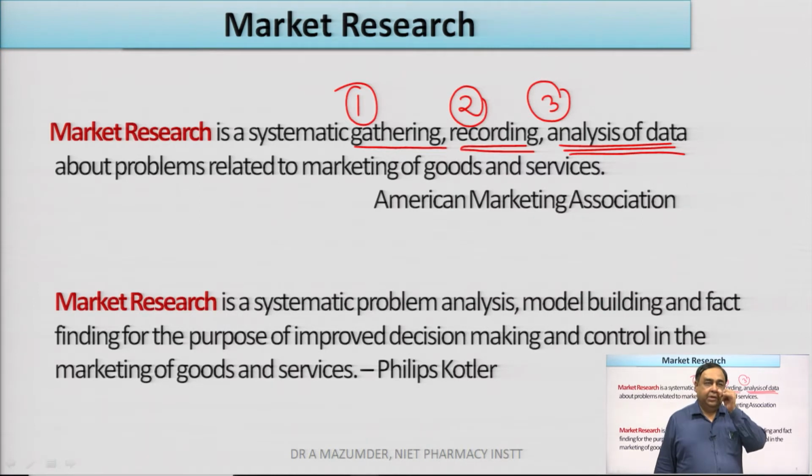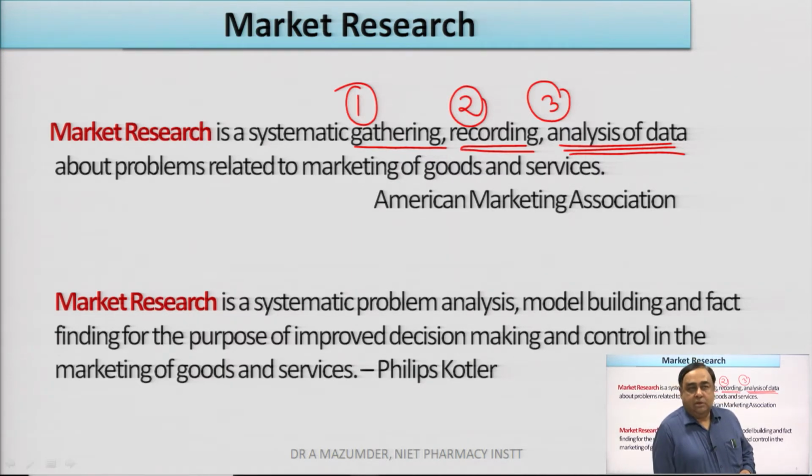So, just quickly reading it again. Market research is a systematic gathering, recording and analysis of data about problems related to the marketing of goods and services. Philip Kotler, another legendary figure in the field of marketing, I hope all of you have heard his name.